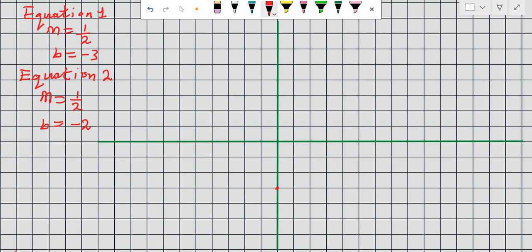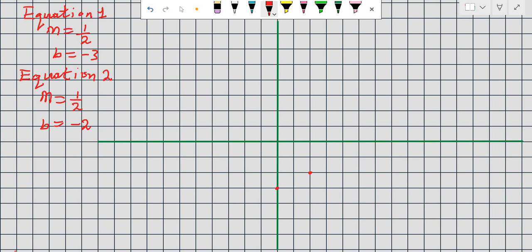The numerator is 1 and positive, so we count 1 step up, and the denominator is 2 and also positive, so we count 2 steps to the right along the x-axis.